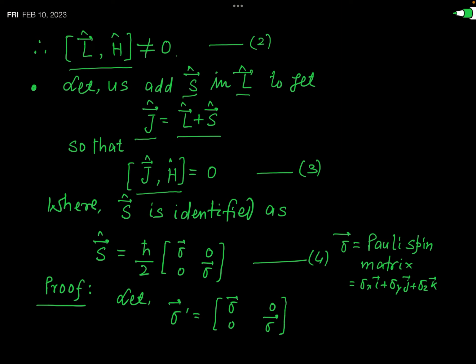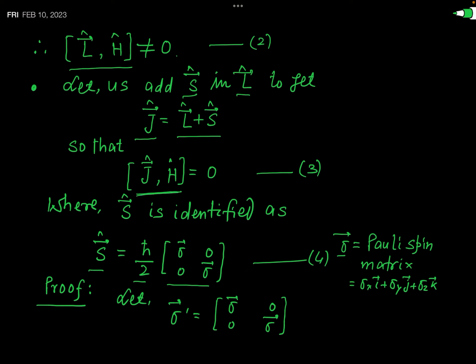When s hat is defined like this, s hat equal to h bar by 2 times the matrix (sigma 0; 0 sigma), where sigma is the Pauli spin matrix, then it is found that L plus s, that is J, is a constant of motion.